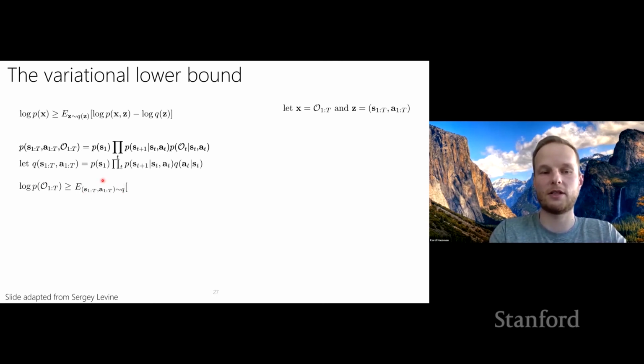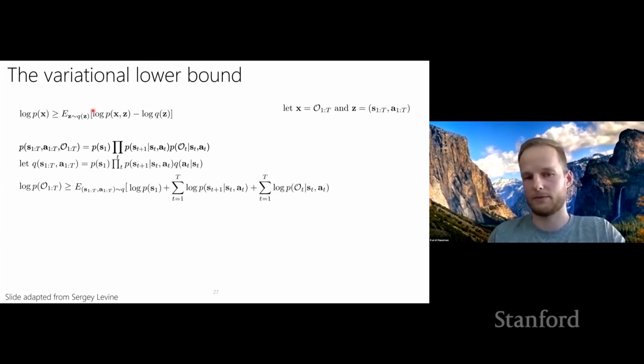The expectation is under the Q, and our Z is our joint probability of all the states and actions. And now we'll take that log of P of X comma Z, and we'll apply the rule that if you take the logarithm of the product, you will get the sum of the logarithms. And it would look something like that.